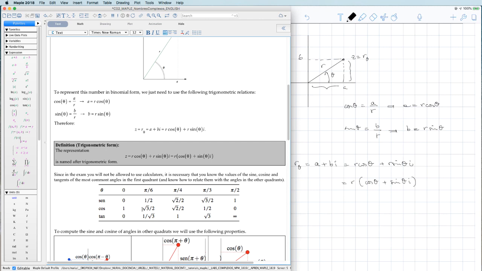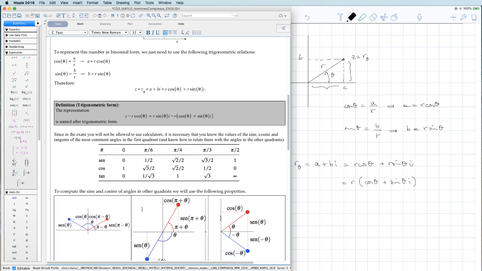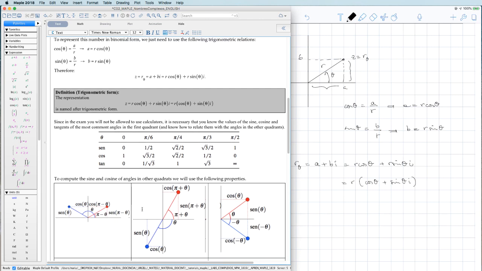In this case, we are going to use the following properties. Imagine that we need to compute the sine of an angle which is in the second quadrant. I don't have it in this table here. So instead of looking at this angle, I look at pi minus this angle, this other angle.